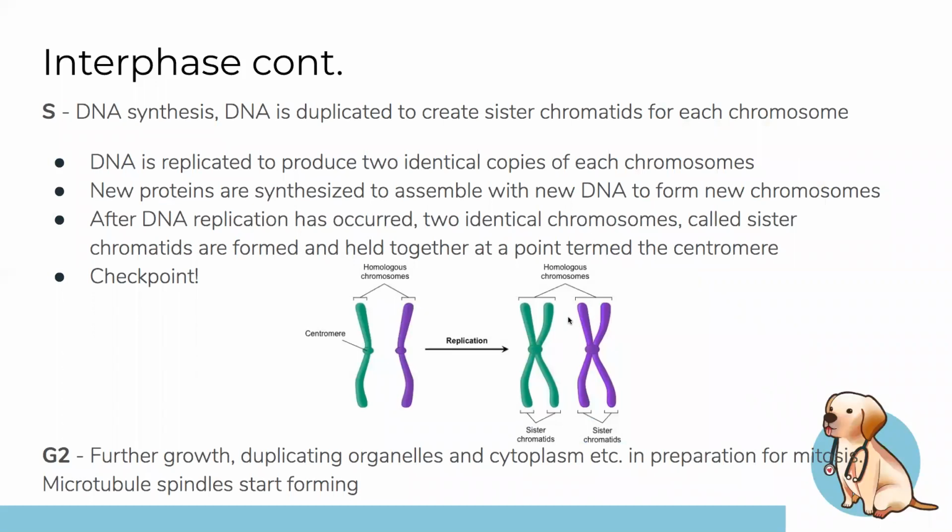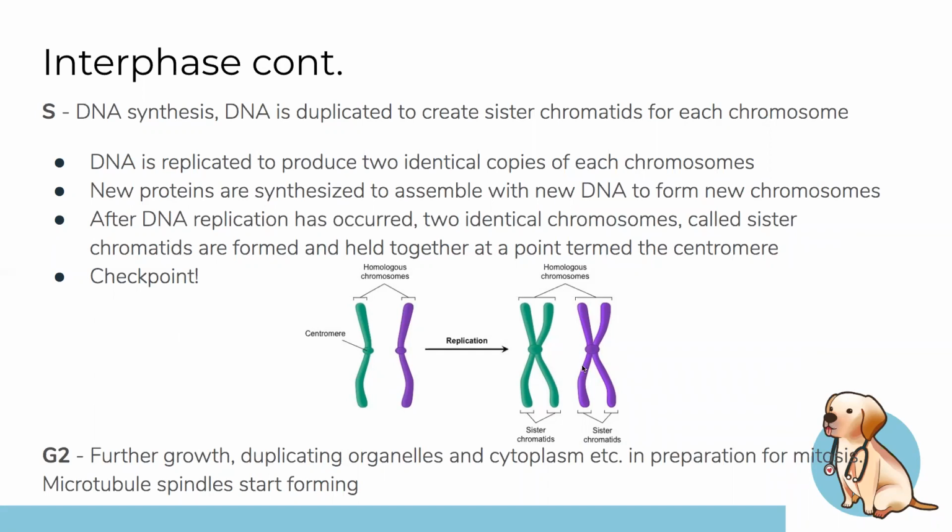More interphase. This is S phase, and that's DNA synthesis. We will go into more detail about DNA synthesis. The important thing to note is that these are homologous chromosomes, so these are 2 separate chromosomes. These are also chromosomes, but these are sister chromatids. That distinction is important in meiosis.